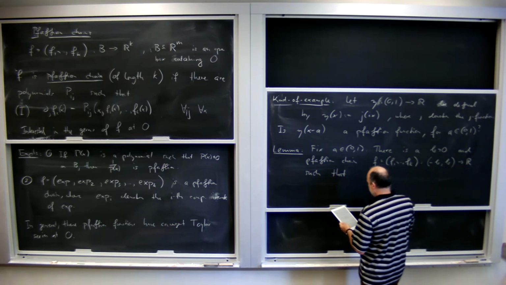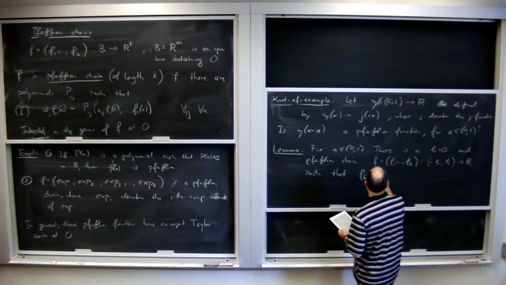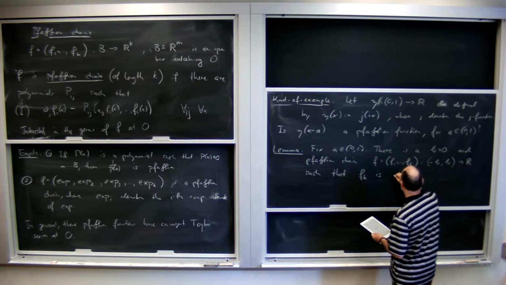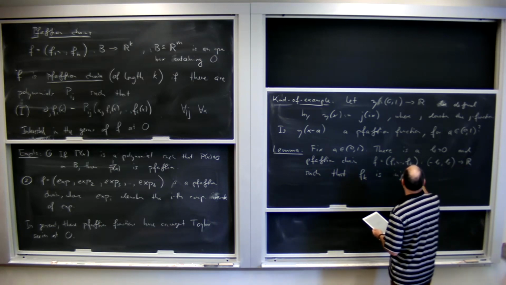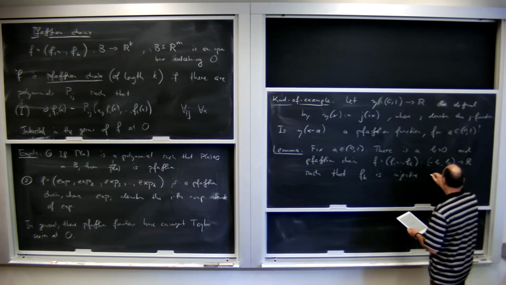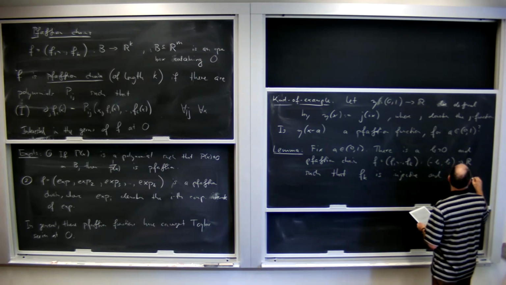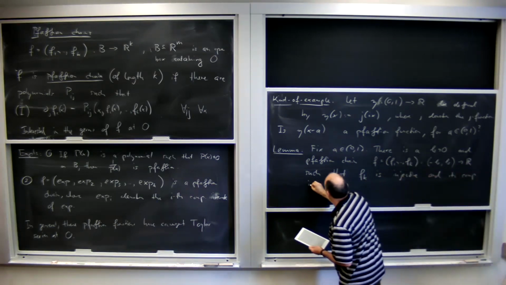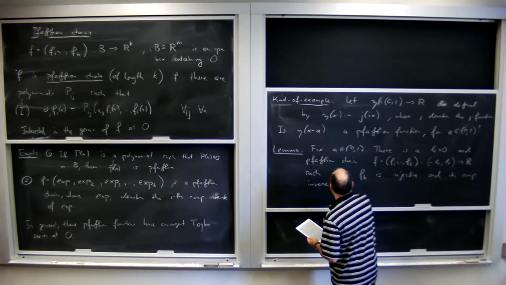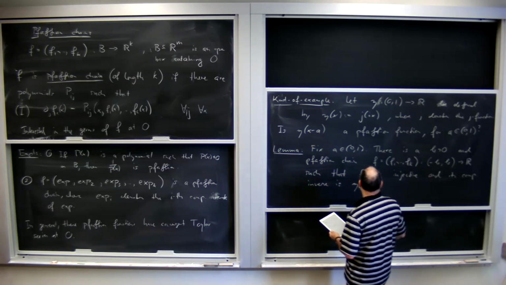In fact, f_k is injective, so it has a compositional inverse. And its compositional inverse is eta of x minus a.